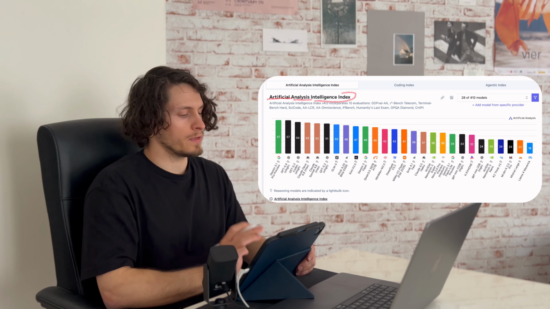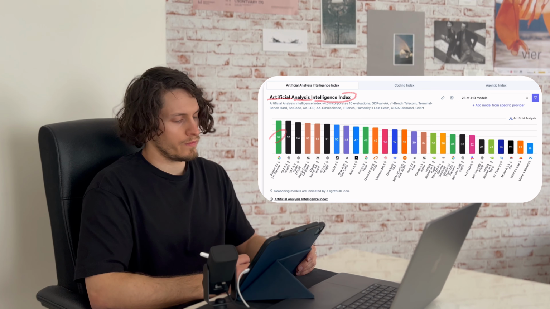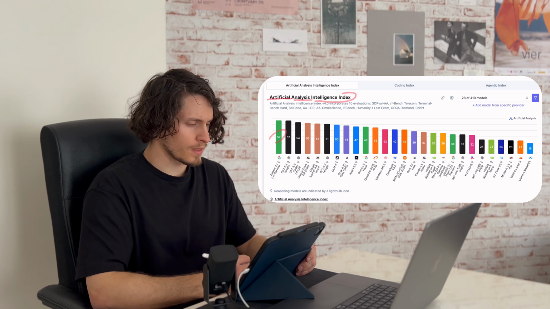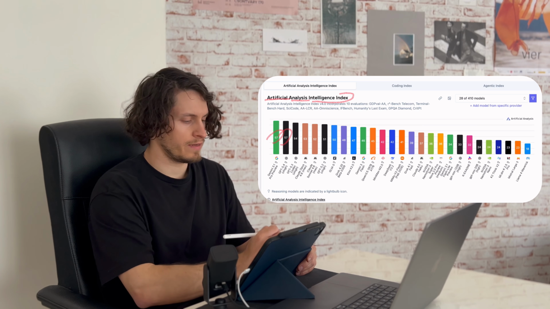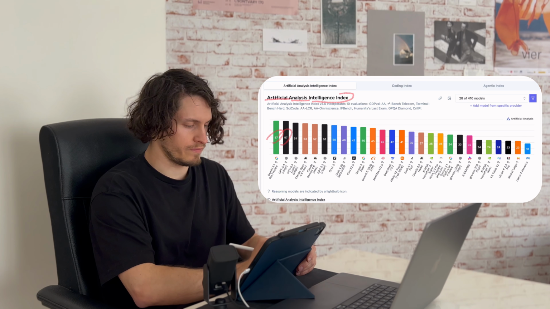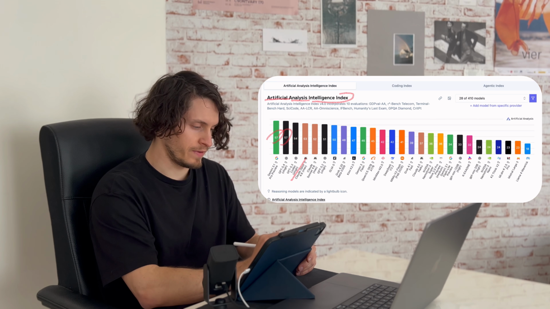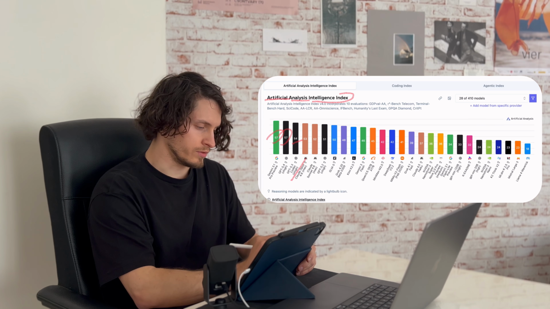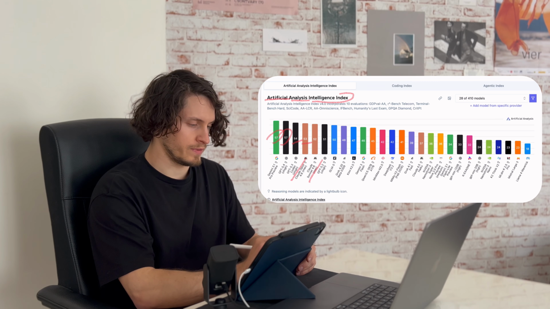Right? Here we can see that Gemini 3.1 has a value of 57 in this index, GPT 5.4 has just the same value, GPT 5.3 Codex, which I'm also using, has 54, and Claude Opus has 53, and Claude Sonnet has 52.